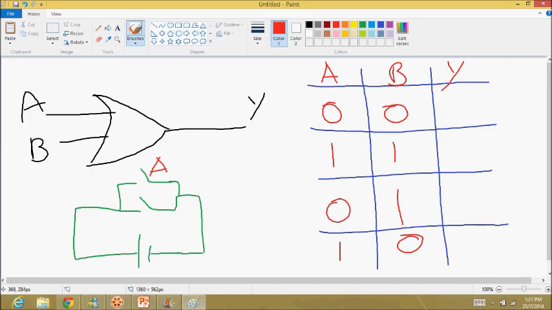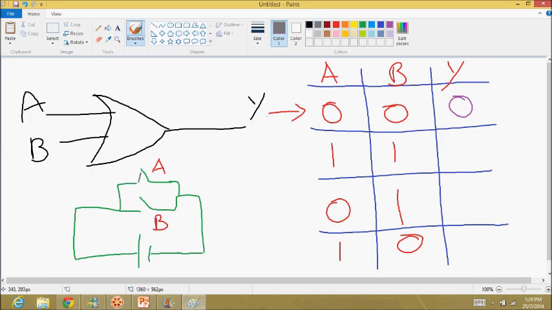And there we have our switch A and switch B. Okay, now look at the circuit in its current state. Both the switches are open. You'll notice that there is no closed path for the current to flow through the circuit. It's the first row, 0, 0, and there's no closed path. Hence, an open circuit and a 0 output we will get because there's no closed path for current to flow.